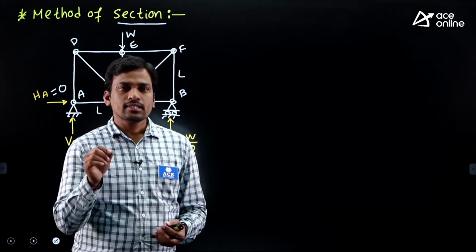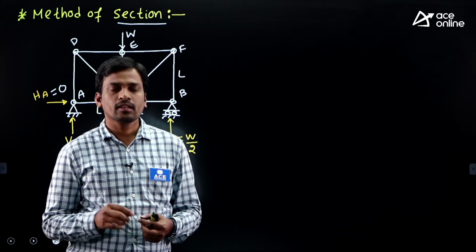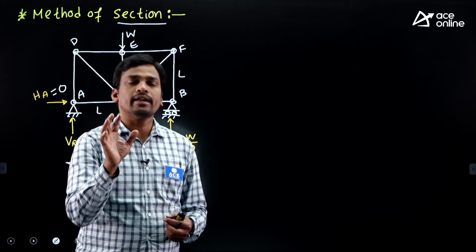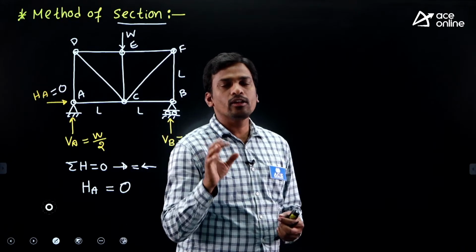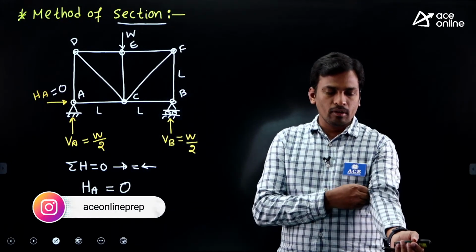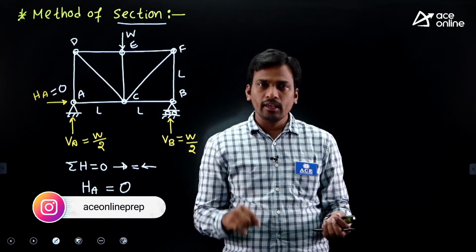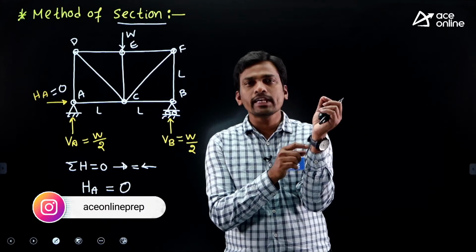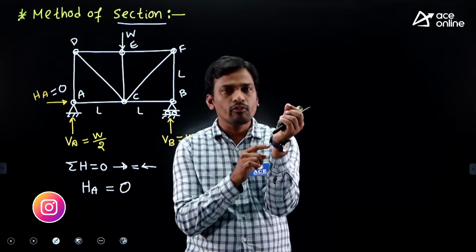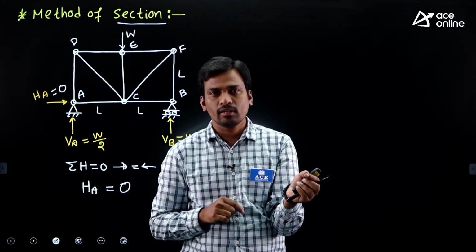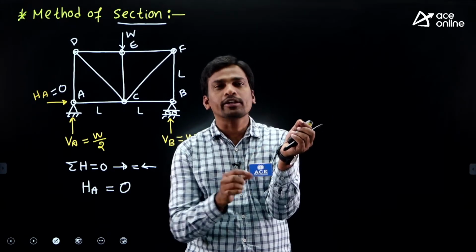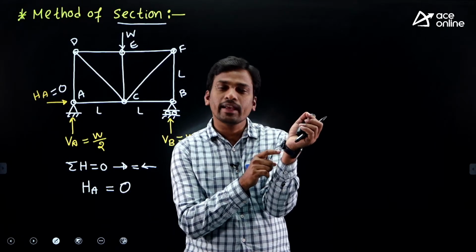Students, section means imaginary cut. I'll tell you one example. In our body, fluid is flowing inside. How to see the inside fluid? Take a blade and cut your hand, then you can see the inside fluid.